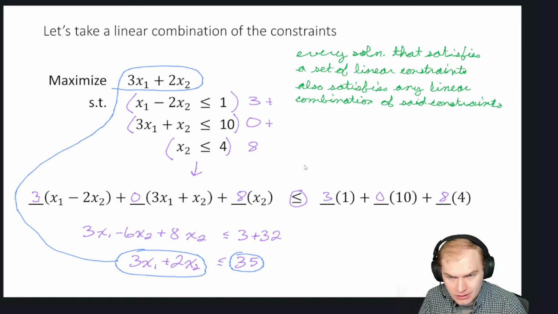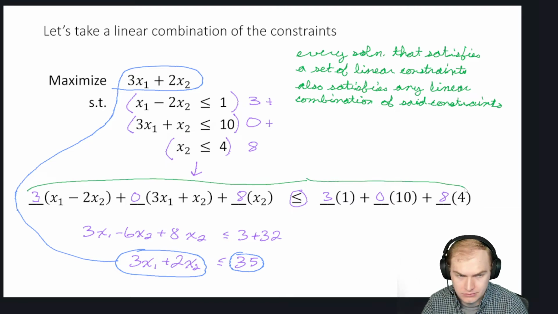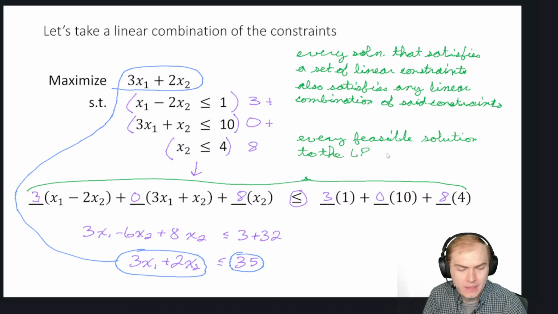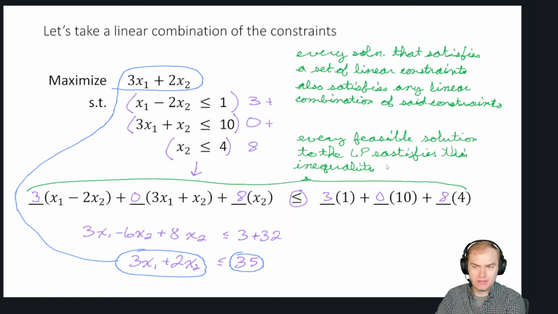So in other words, this linear combination, so every feasible solution to the linear program satisfies this inequality, for whatever values we put in those blank spaces, as long as they're consistent across the sides.